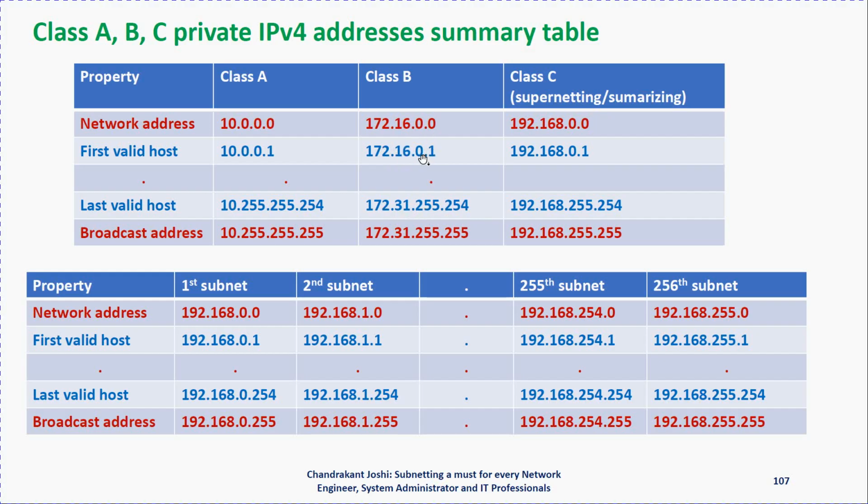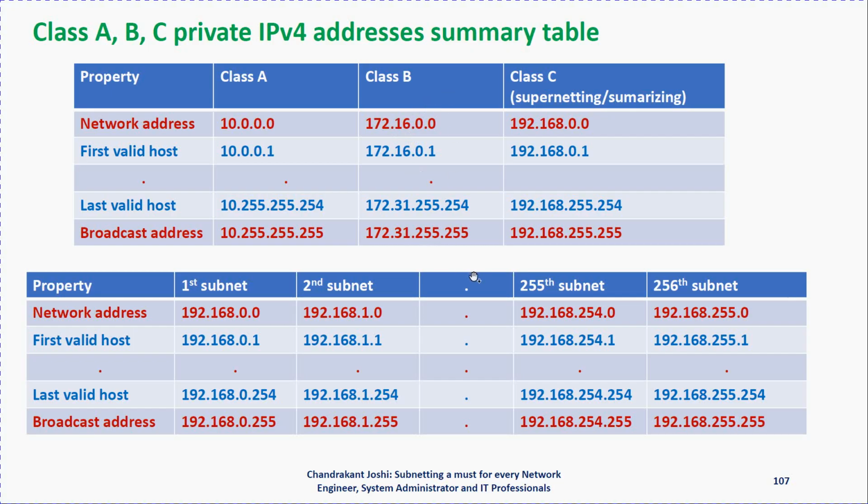We get the first valid host by adding 1 to the network address and the last valid host by subtracting 1 from the broadcast address. And if you remember those calculations, the valid host numbers would be 65,534 after subtracting one network address and one broadcast address.